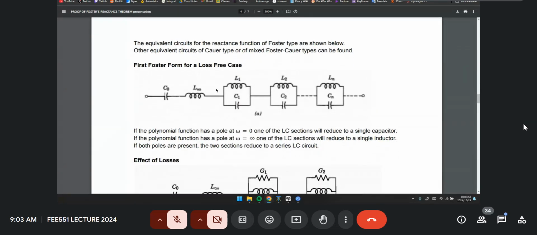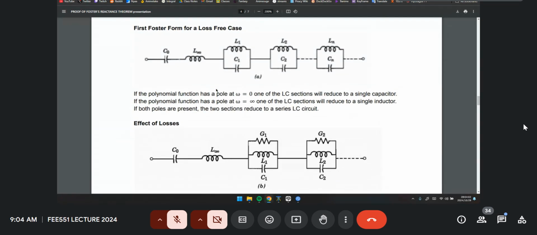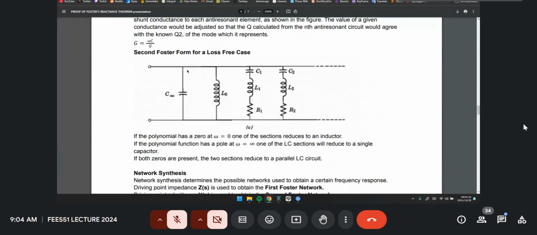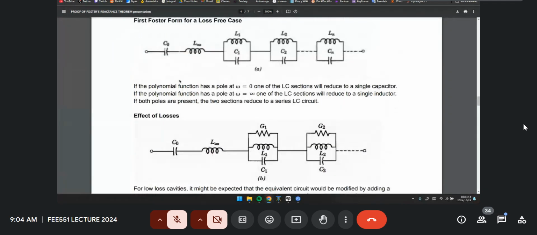Okay, now we can look at how it affects Foster's first form and Foster's second form and its effects on losses. It's the same way. In Foster's first form, we were looking at the impedance values, while in the second form, we're looking at the admittance values.